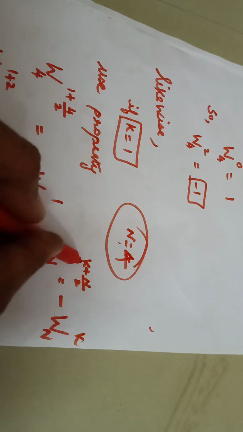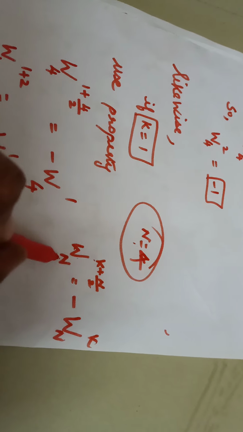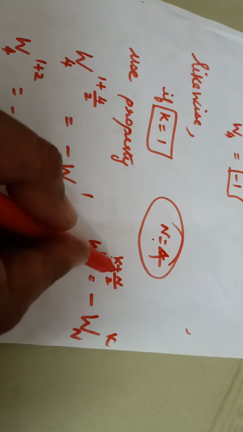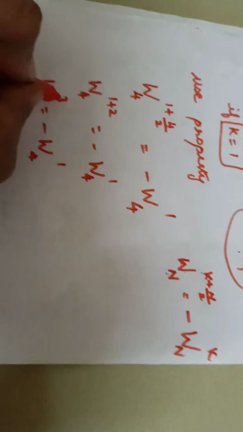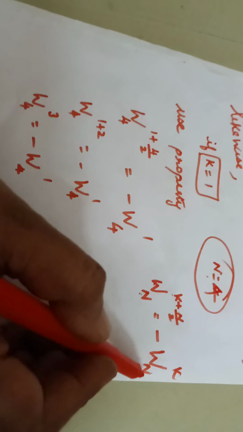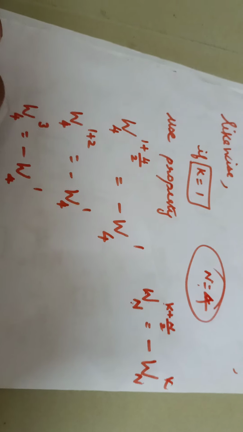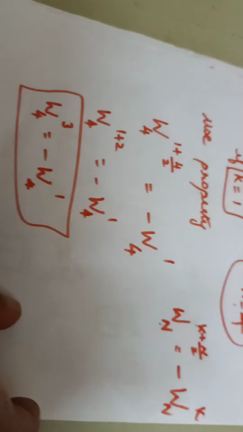Here n is 4 and k is 1. So W4 power 1 plus 4 by 2 is 1 plus 2, which is 3. So W4 power 3 is equal to minus W4 power 1. This is also another example which we have seen previously. So that's all about the symmetry property.